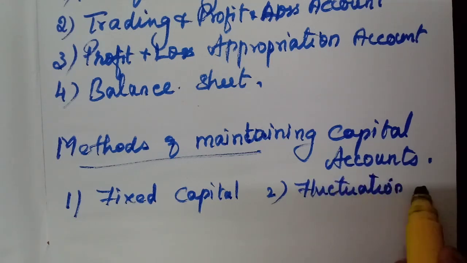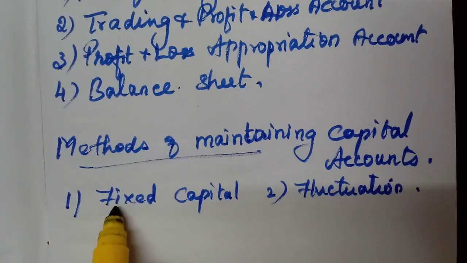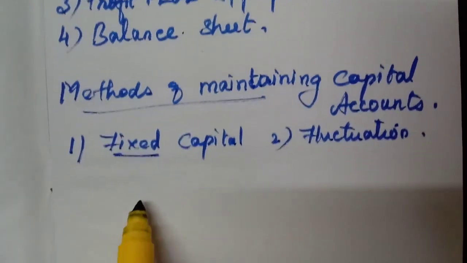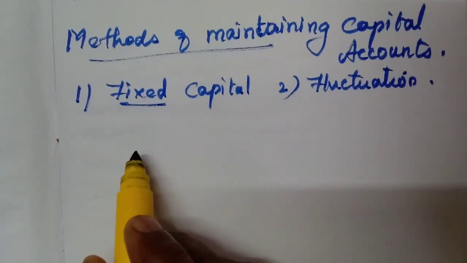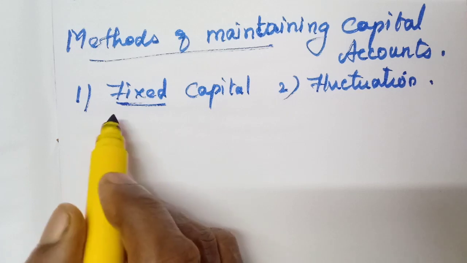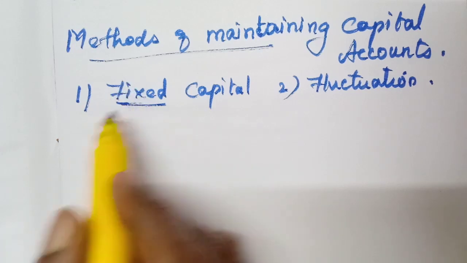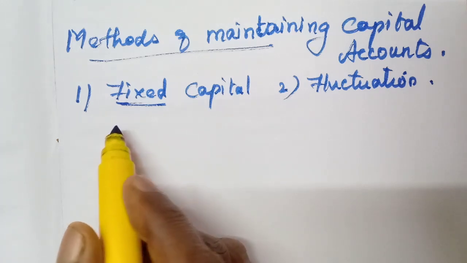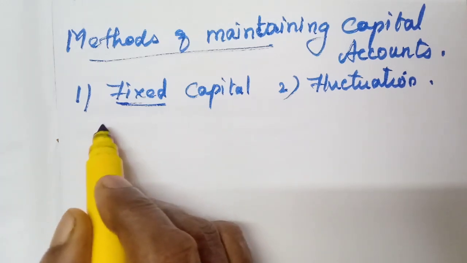From the name itself we can understand that capital will be fixed. Here the capital introduced by the partners will be the same. It will not change, it will not fluctuate, it will be fixed. So in this method we need to prepare two accounts.